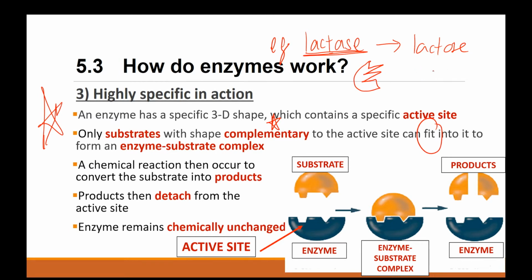This will then allow it to fit in nicely into the active site, and then the reaction can happen, right? So because the lactose shape is complementary to the shape of the active site of the enzyme, then the complex can be formed, then the reaction happens and the products will be formed. Okay, at the end of everything, the lactase enzyme still stays as the shape that it was in.